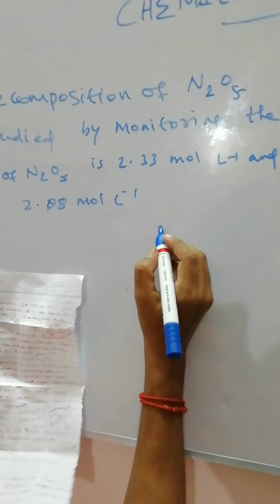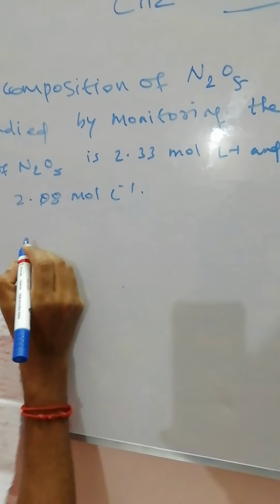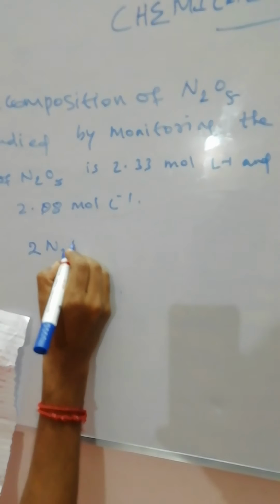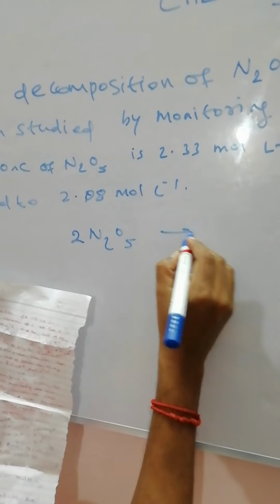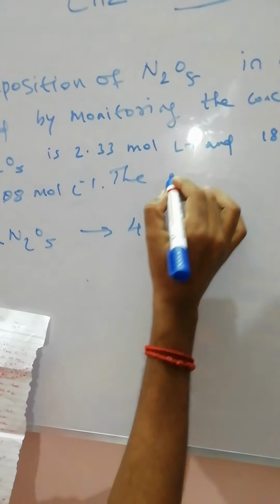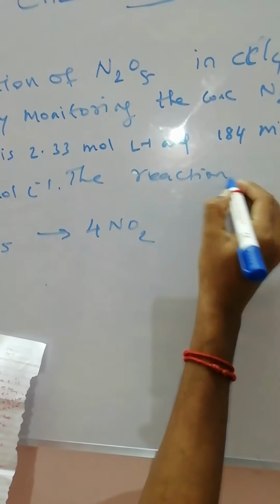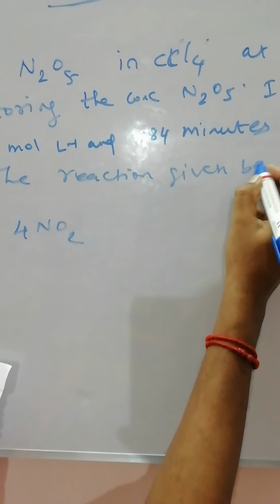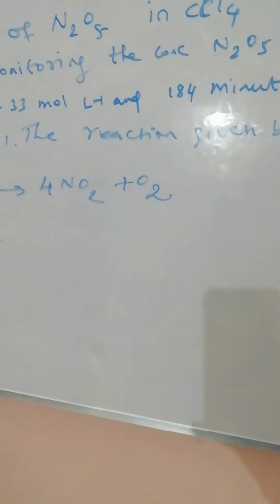The reaction takes place according to the equation 2N2O5 gives 4NO2 plus O2. This is the reaction, right?